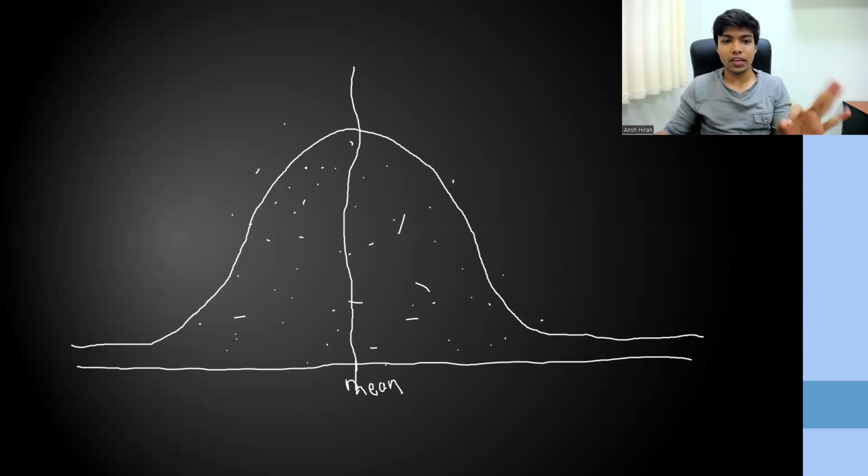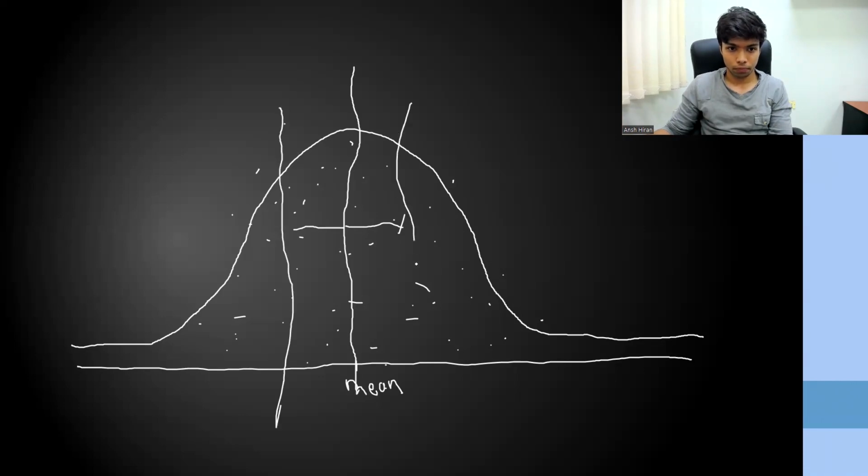And the rule says, if you go one standard deviation away from your mean, one step in this direction, one step in this direction, you will be able to capture 66% of the data. So you can see 66% of observations are in this range only.